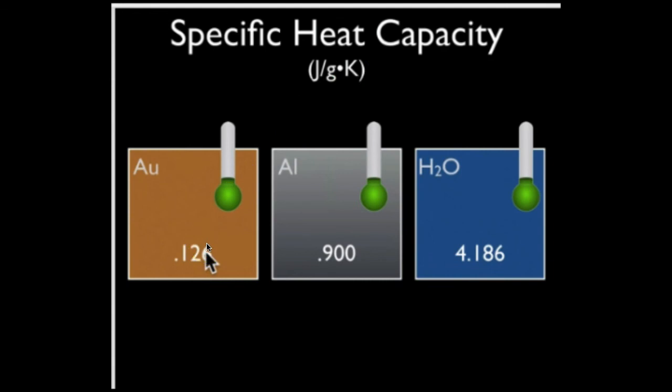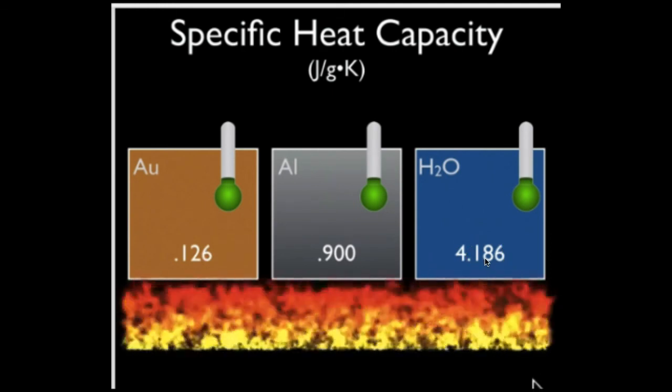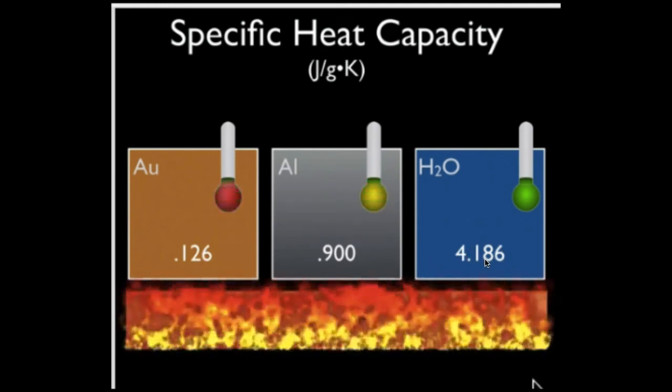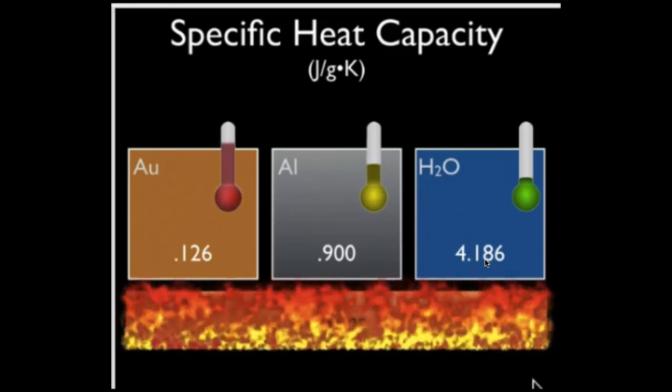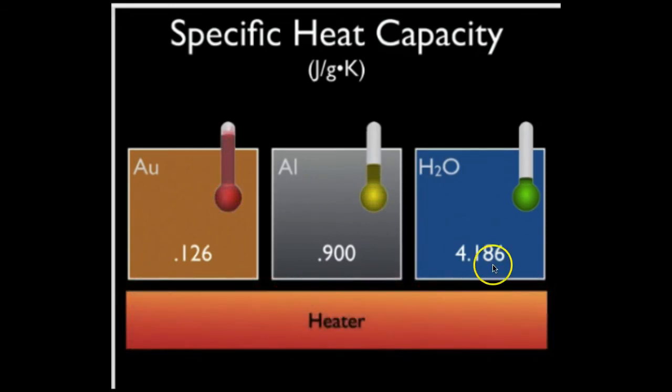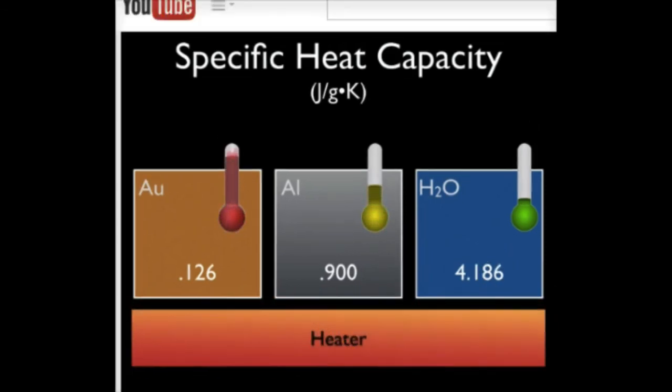Low specific heat capacity means the temperature changes more readily. This water has a higher specific heat, so the temperature does not change as readily. So just to be clear, the same amount of energy was put into the gold, the aluminum, and the water.